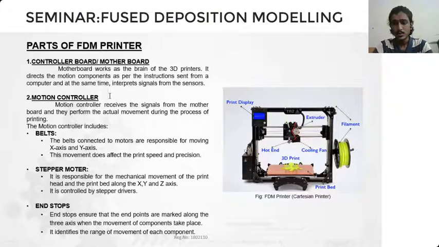The belts are used to carry the print head along the X and Y directions, along the XY axis. Then we have the stepper motor. The stepper motor provides the necessary movement for the print head and the print bed. Then the end stops. End stops provide the boundary limit for the print head and the print bed so that their movement is restricted and limited within that boundary.